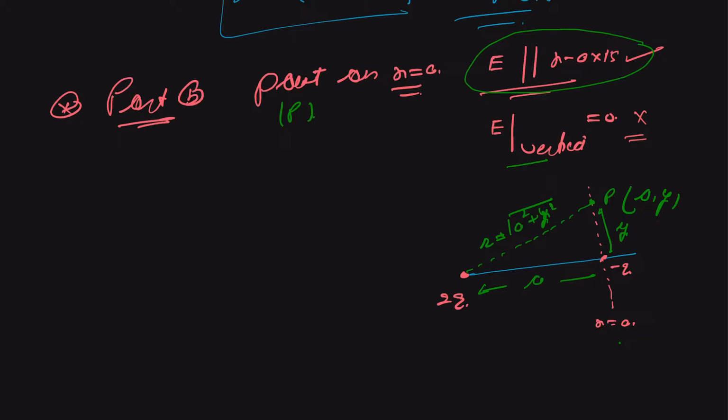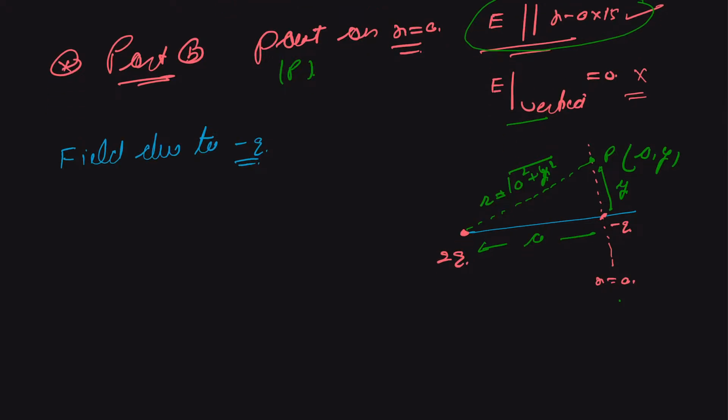So let's find out the field due to minus q. Okay. And we are interested only in the vertical part, okay, because we are going to take the vertical component equal to 0, so the horizontal component will be non-zero.